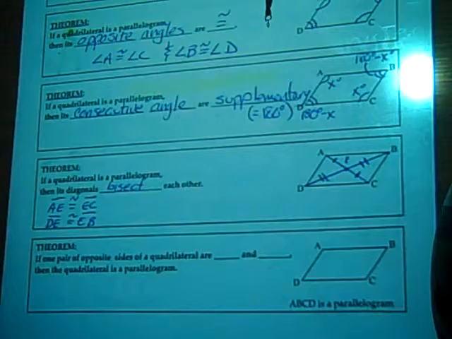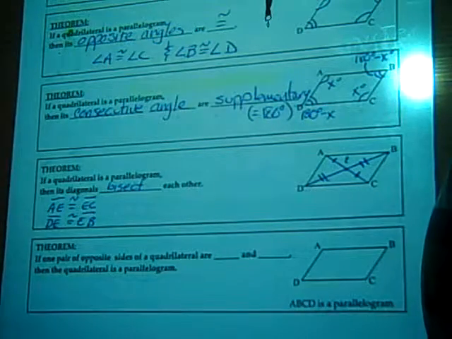Just a way to write that, I have segment AE is congruent to segment EC, and I also have segment DE is congruent to segment EB. So these are our first 5 properties of a parallelogram.